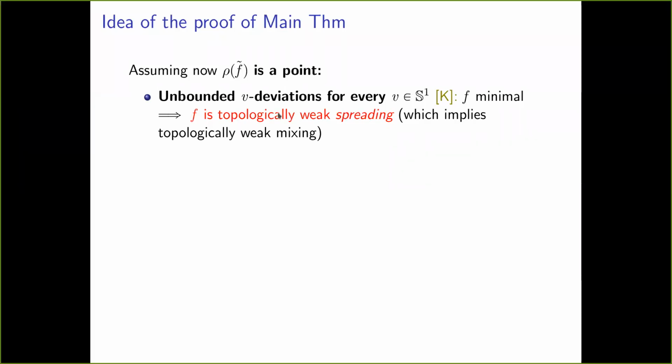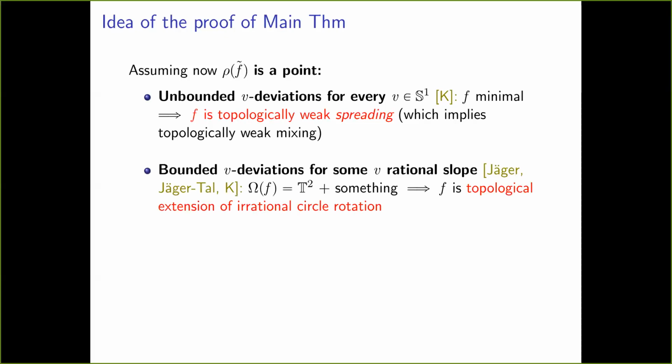But this is a very key point of the argument. And this is what I mentioned before. In the case that you have boundedness with respect to a rational slope segment, this is what I mentioned that Tobias Jäger, you need to put some additional hypothesis here. I don't want to enter into the details.